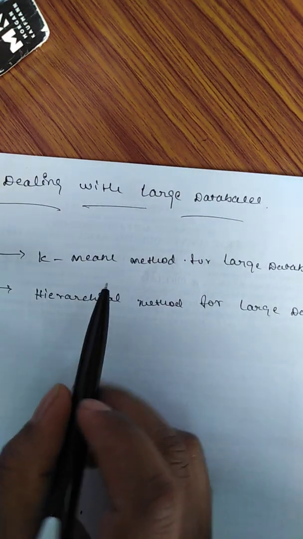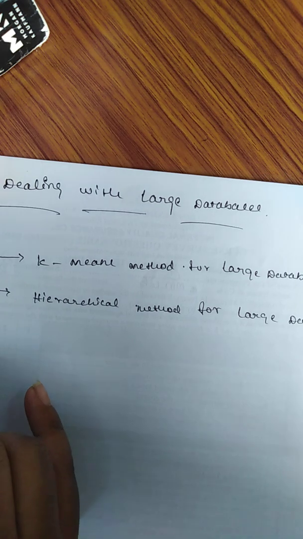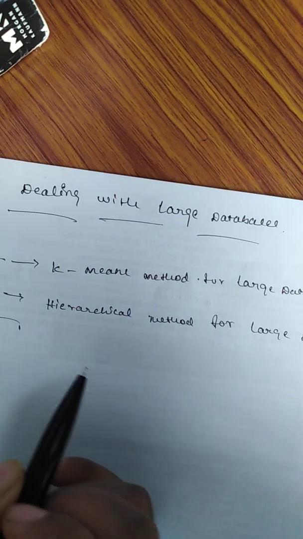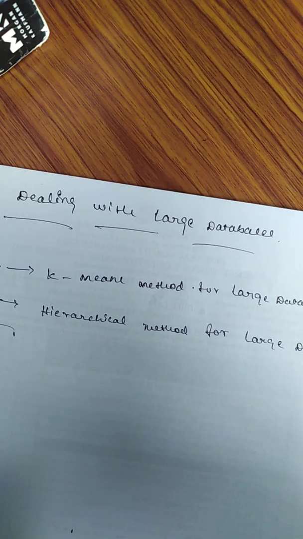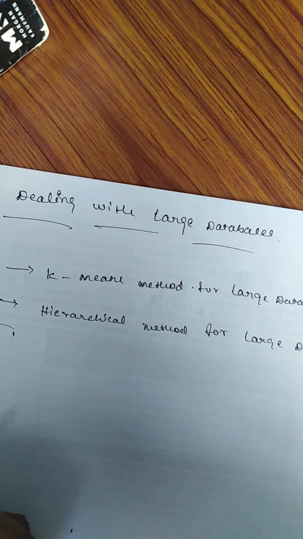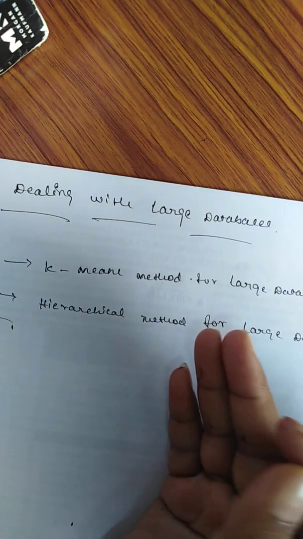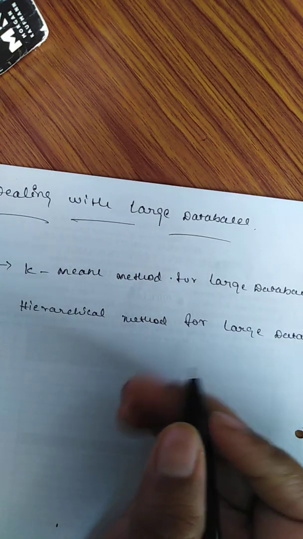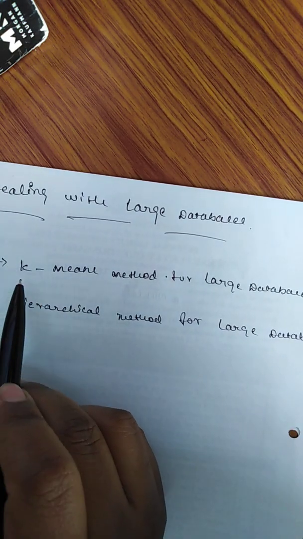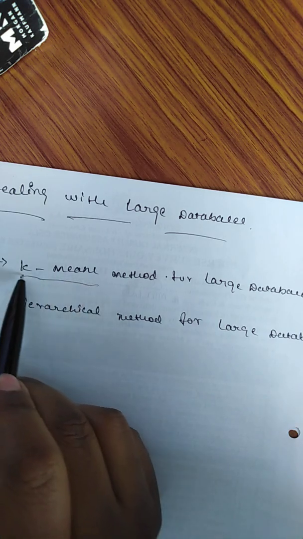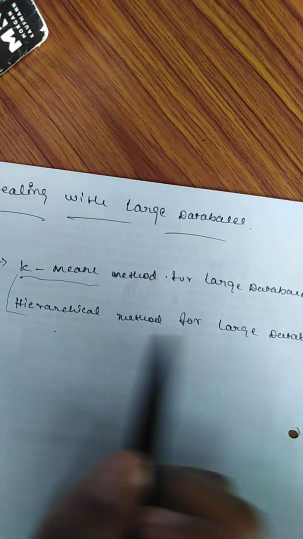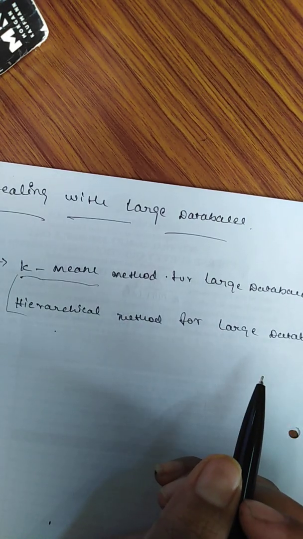These are the two types of dealing with large databases. It means methods are inefficient for the large problems we have in data mining, so we find out how data is used in data mining. These two methods we can use: k-means method for large database and hierarchical method for large database.